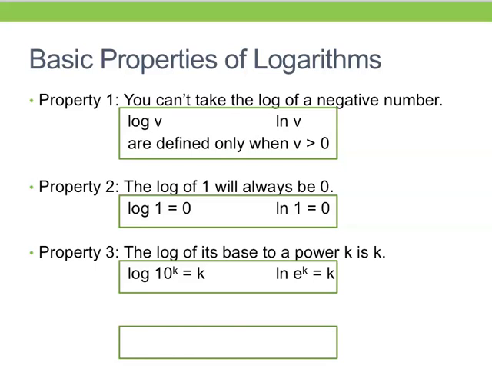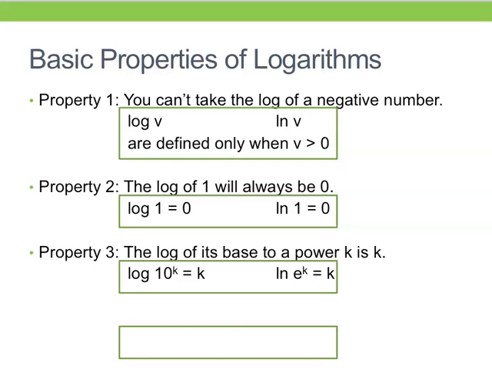For natural log, you have ln of e to the k is equal to k. And again, it has to be a base of e there for that to work. So anytime the base of the log is equal to the base of the number you are taking the log of, then you always know it's equal to the exponent.